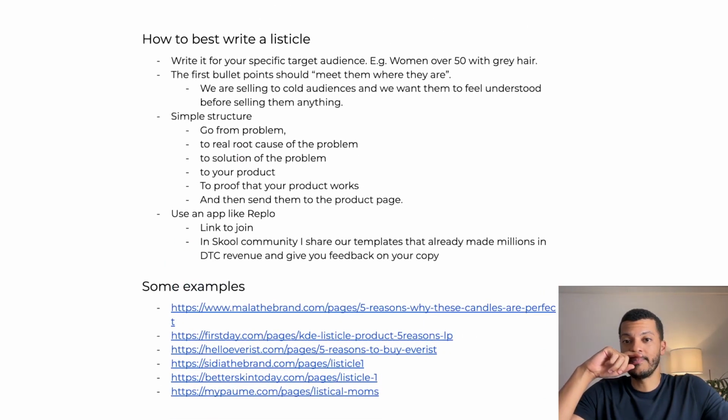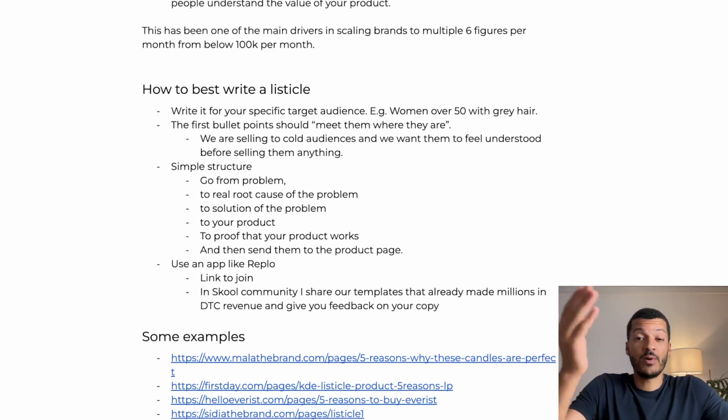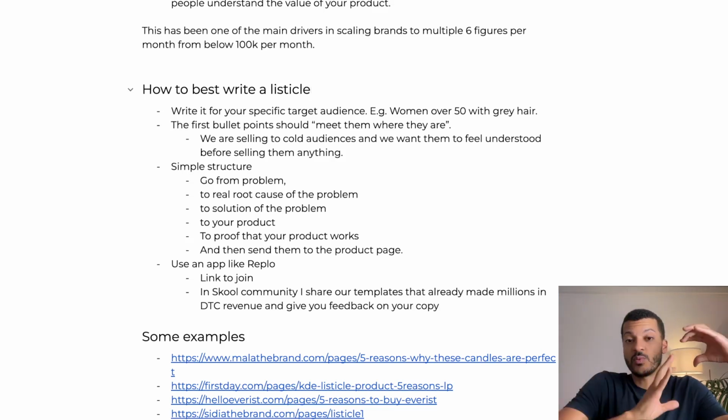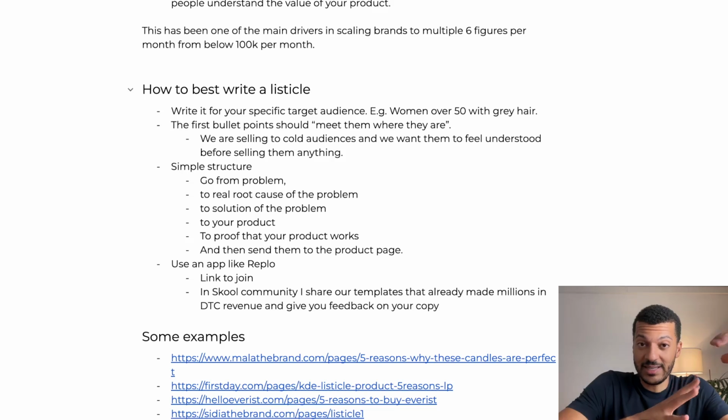Just to give you an example, women over 50 with gray hair, right? They want to get their hair more beautiful, more shiny, whatever, feeling young again. This is who you would target in the ad.